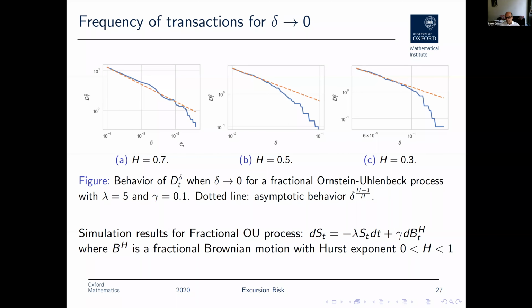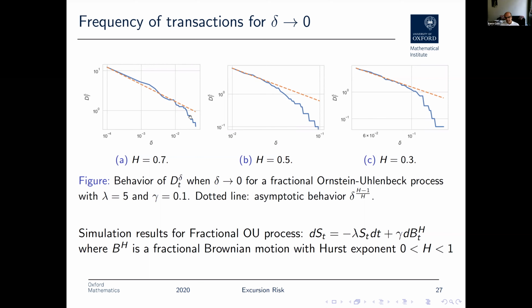The prediction of the asymptotic formula is that this graph, as delta goes to 0, so as we go to the left, should behave as delta to the power h minus 1 over h. And this function, delta to the h minus 1 over h, is the orange line that is plotted on each plot.